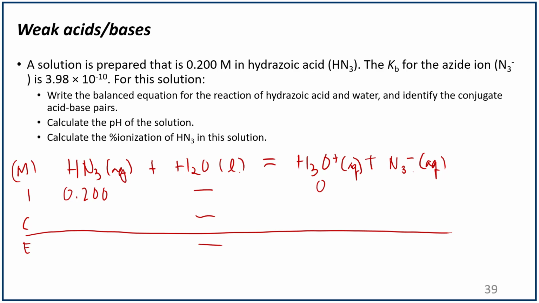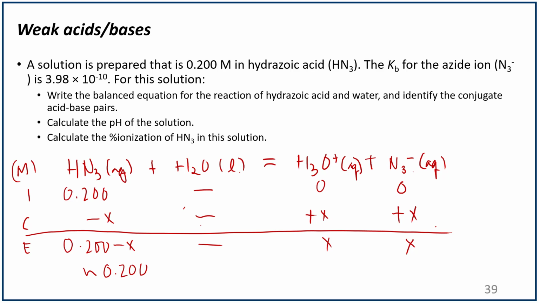So this should be 0, 0. For the change, this is going to be minus x, plus x, and plus x. And then 0.200 minus x, then x, and then x. Let's just assume that when we write the expression for Ka of hydrazoic acid, the concentration of hydrazoic acid at equilibrium is roughly equal to 0.200.